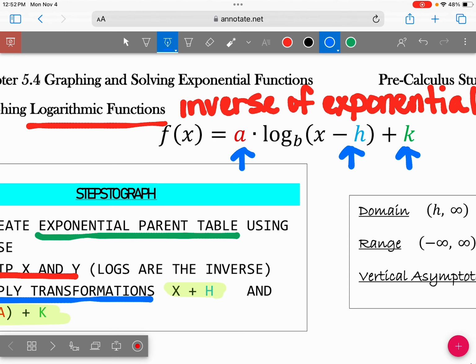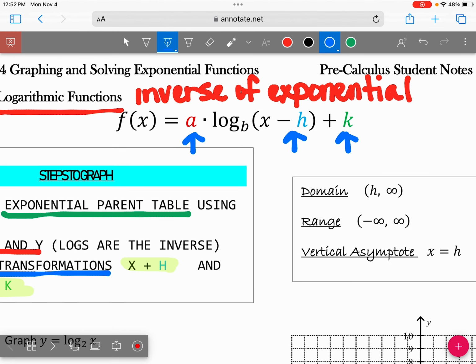Okay, so now remember that when we graphed exponentials, the domain was always all real numbers. Well, what's the opposite of domain? Range. So now for our log function, this will never be different. So on the test, which I forgot to tell you is November 21st, it's a Thursday.